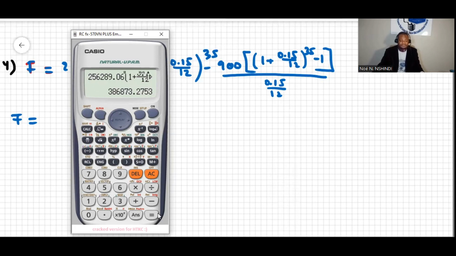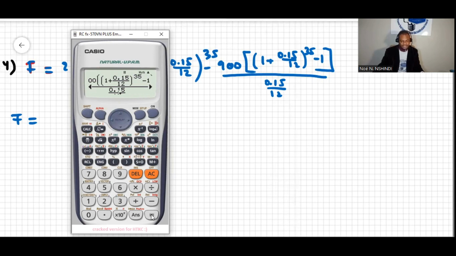So this will be equal to this amount. Let's check, did I enter everything correctly? So we have this, to the power of 35. And then let's look at the numerator. Oops, careful, I missed here, to the power of 35 also.